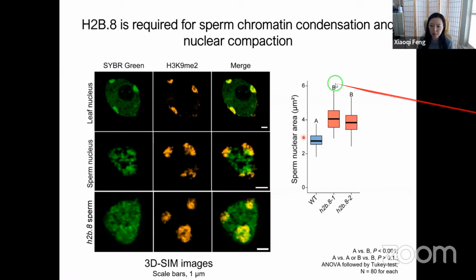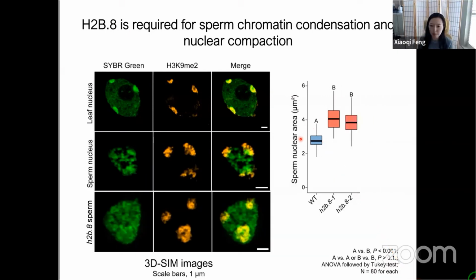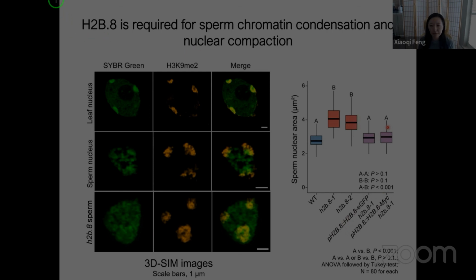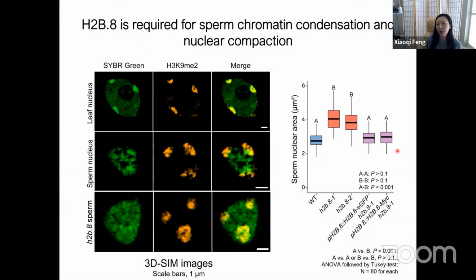Here is the sperm nuclear size in wild type and two independent knockout mutants of H2B.8. This nuclear enlargement is indeed caused by the loss of H2B.8, as an H2B.8-GFP or an H2B.8-MYC transgene can fully complement the nuclear size phenotype. So these show that H2B.8 is required for the chromatin condensation and nuclear compaction in the sperm.